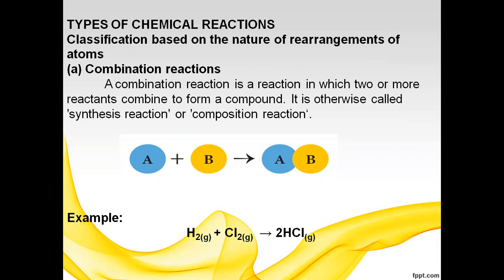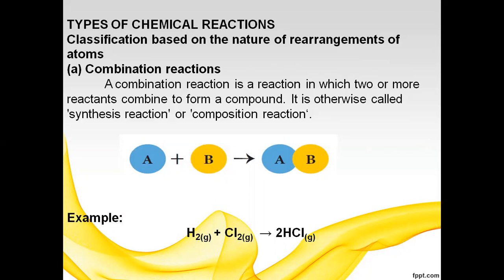One by one we will discuss them. The five based on the nature of rearrangement of atoms are combination reactions, decomposition reactions, single displacement reactions, double displacement reactions, and the last one, combustion reactions.